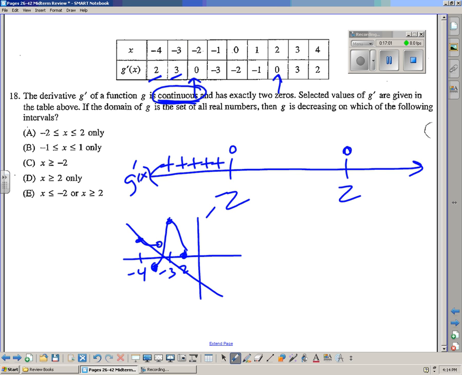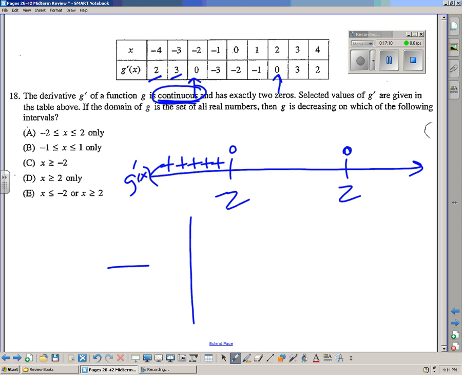But this problem is avoided because the function's continuous. So if you know that you are continuous and you only have those 2 zeros mentioned, you're going to be completely above the x-axis for that time. There's no other way to slice it.